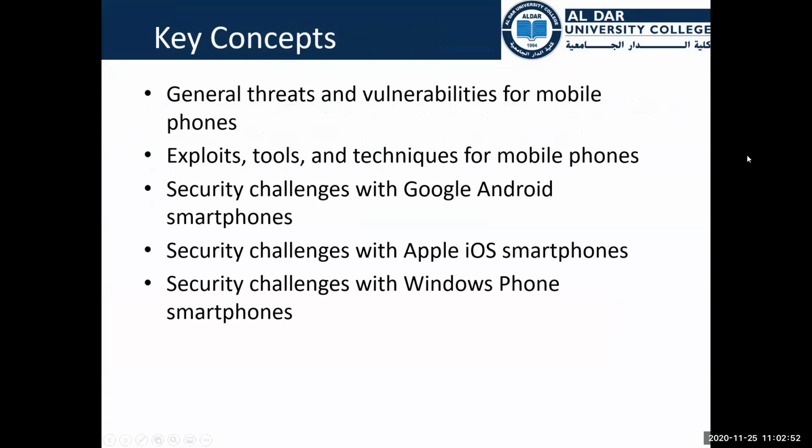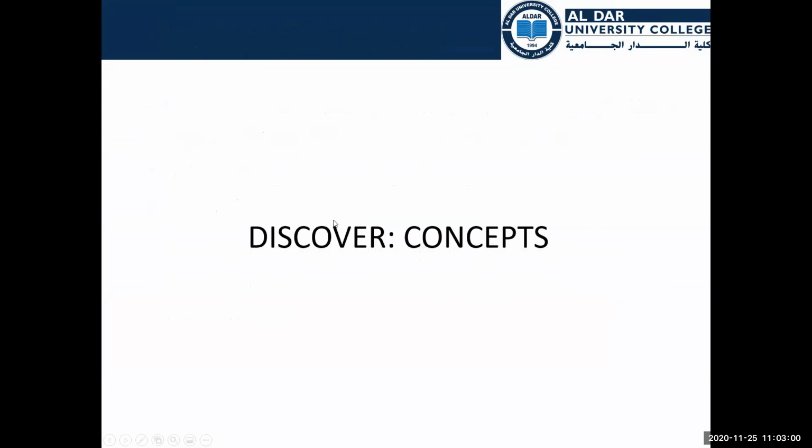Then we're going to talk about Apple iOS, and finally Windows Phone. We start by exploring all three types of operating systems, and we see the vulnerabilities of each one, the most common vulnerabilities, the most common attacks, and how to defer such types of attacks.